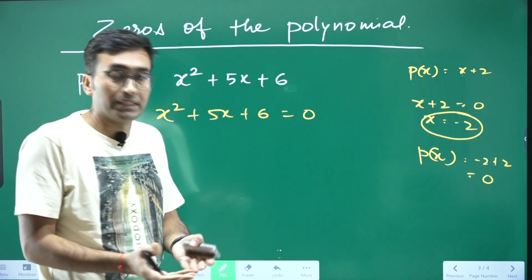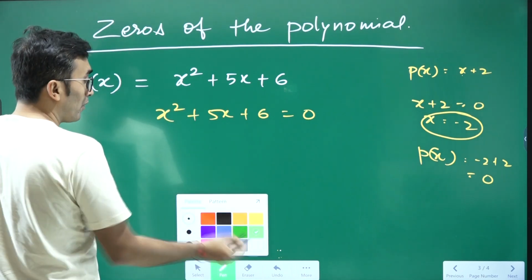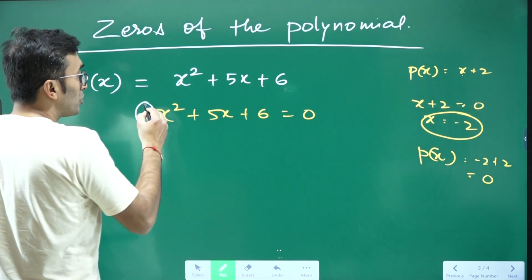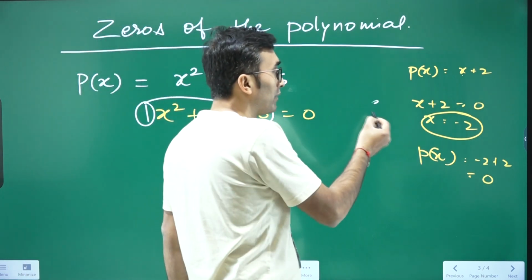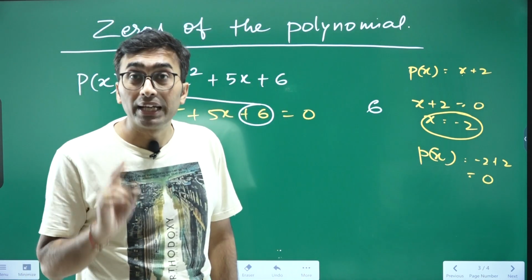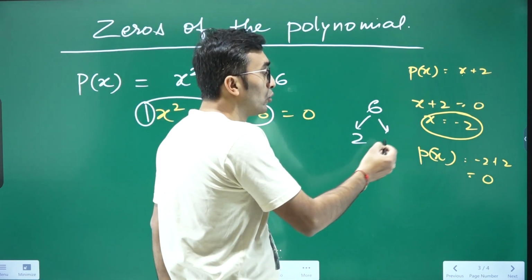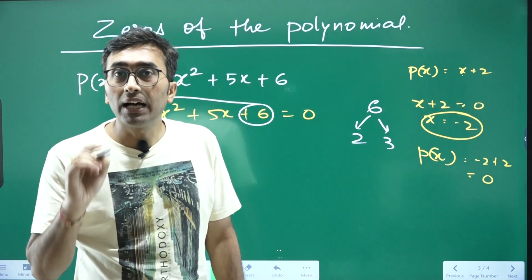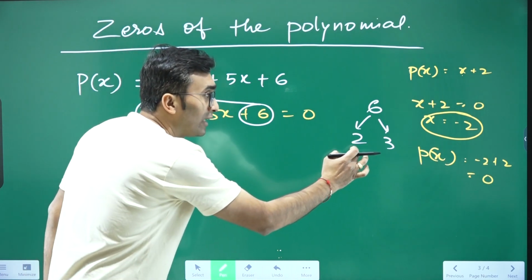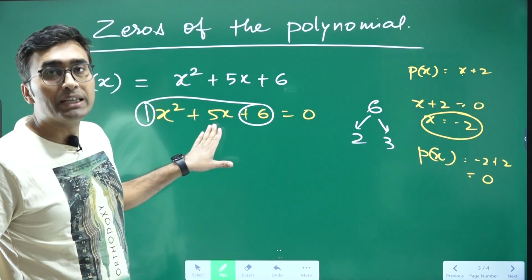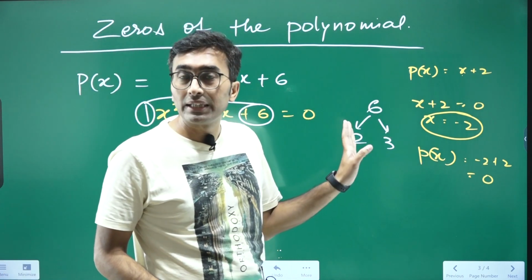Now we'll factorize it. You should know how. First of all, we multiply the coefficient of x square with the constant term, so 1 times 6 gives you 6. Now we have to break 6 into 2 factors. Let's say the 2 factors are 2 and 3. 2 plus 3 is 5, and 2 times 3 is 6.